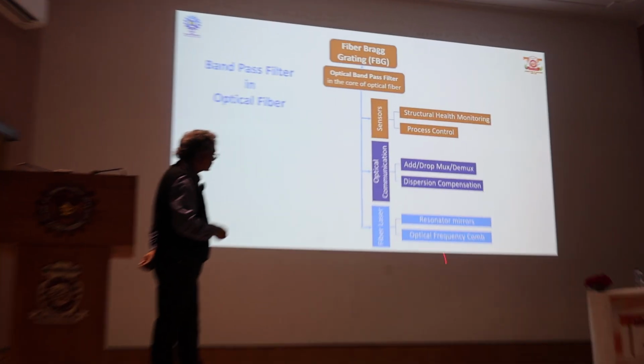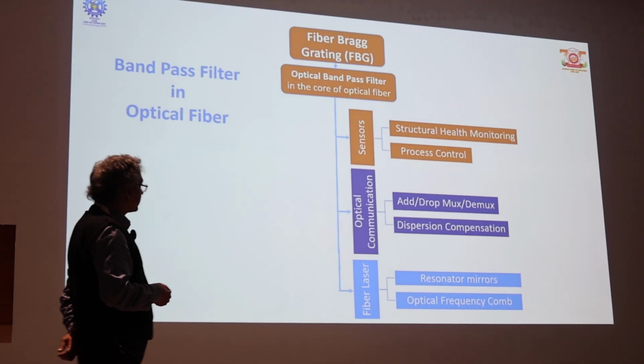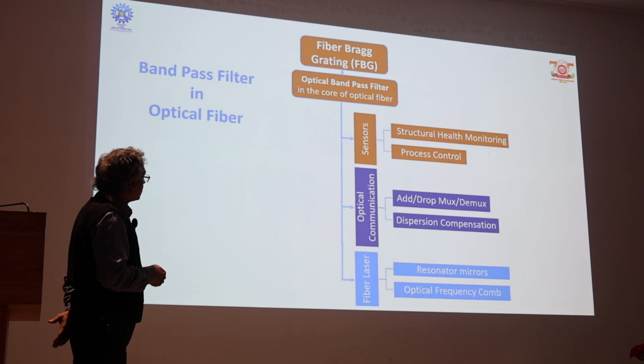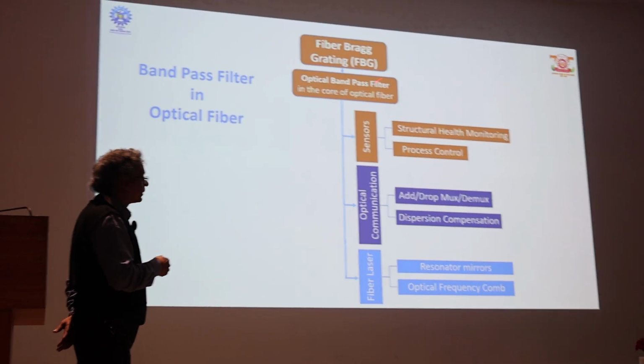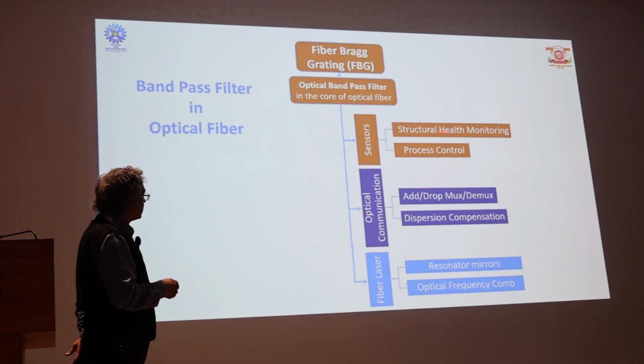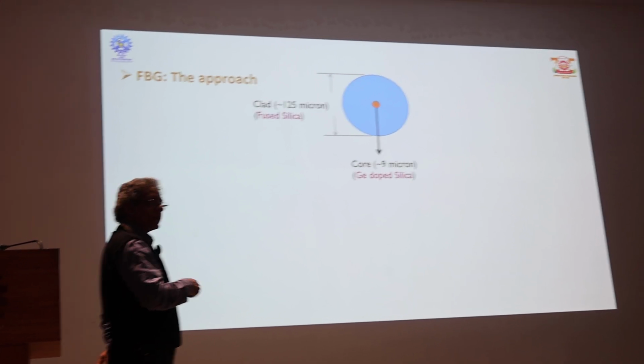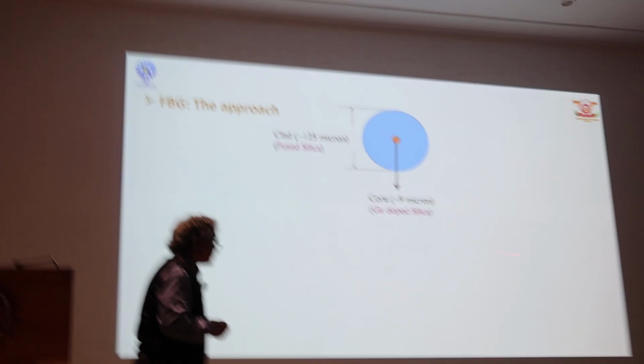So these are all the devices which again will be very difficult for me to cover, just to give you a very basic idea of how far this particular optical fiber bandpass filter is being used in industries and applications. So now let us come back to the basic principle of an optical fiber.